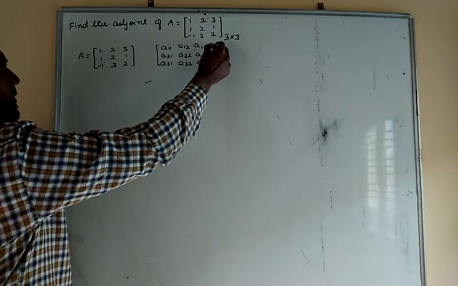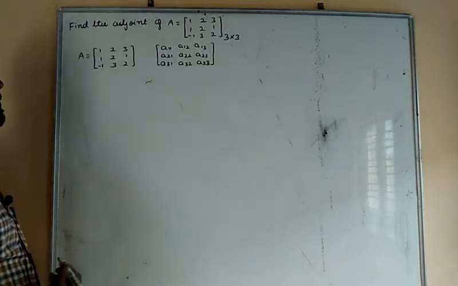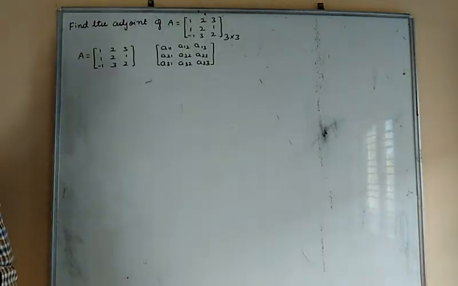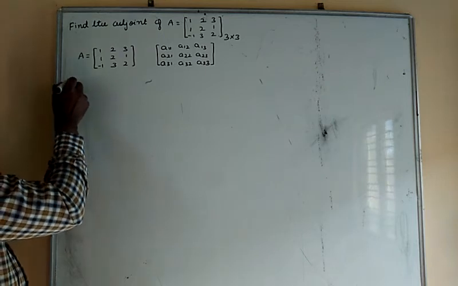This is the general form of the matrix of order 3 cross 3. Now let us find the minors and cofactors first.